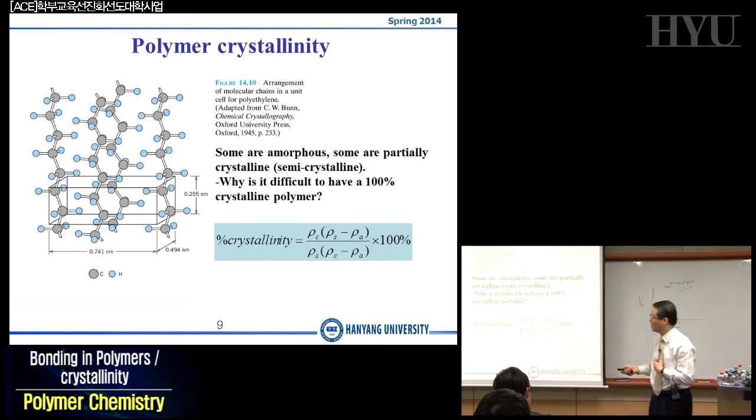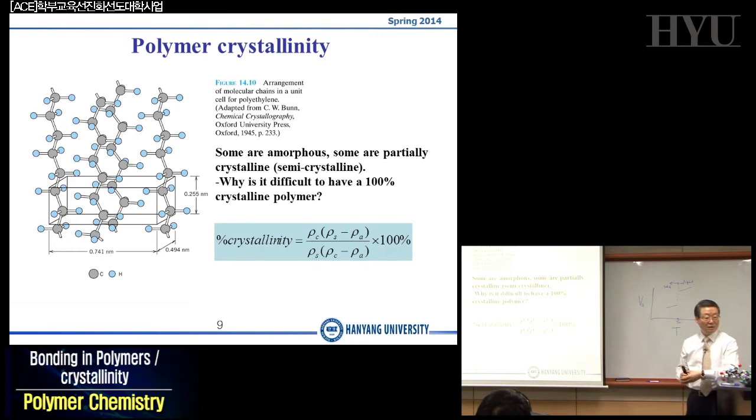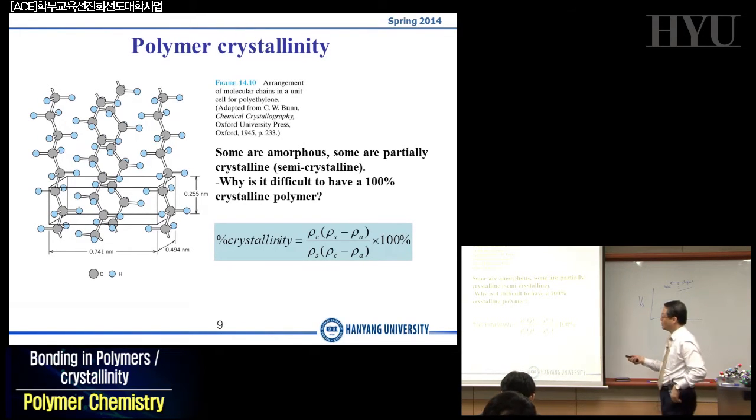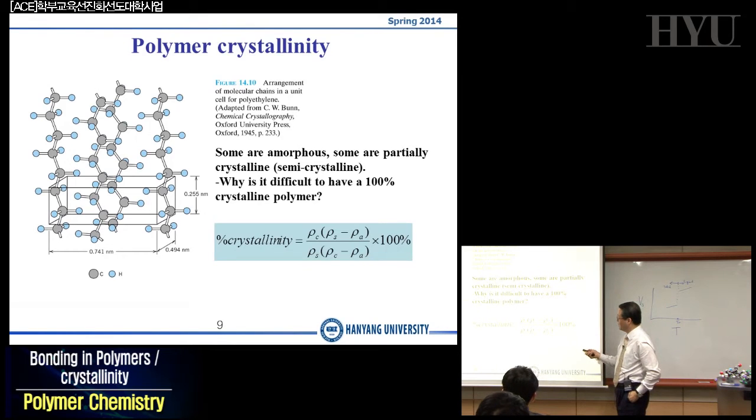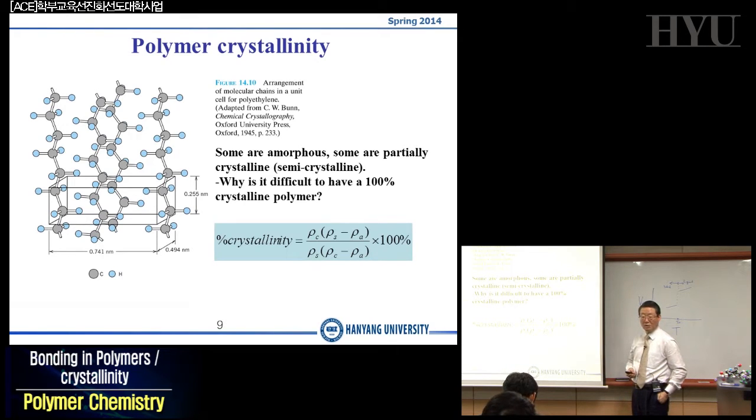And this percent crystallinity depends, of course, on the density. Here, S means solid, or the specific material of your unknown polymer, whereas A means amorphous and C means crystalline.